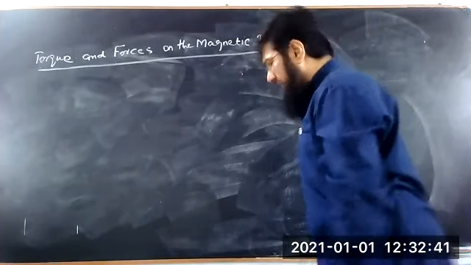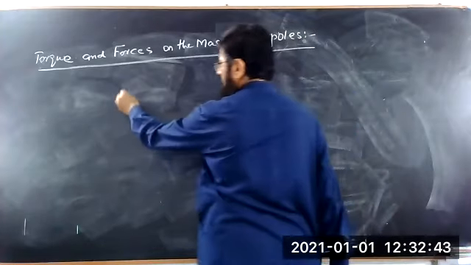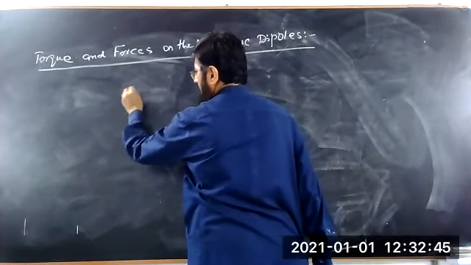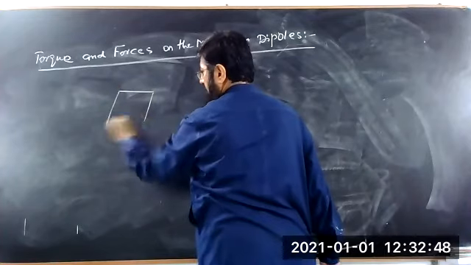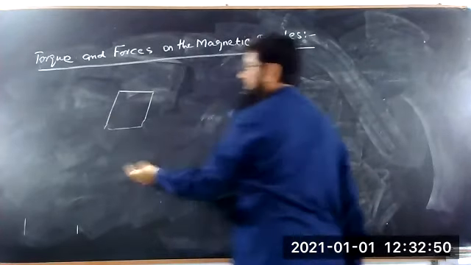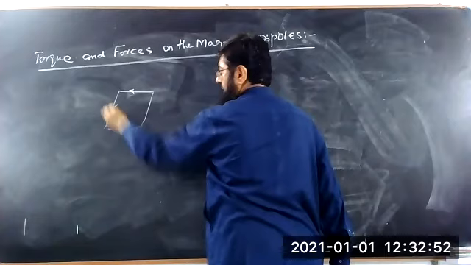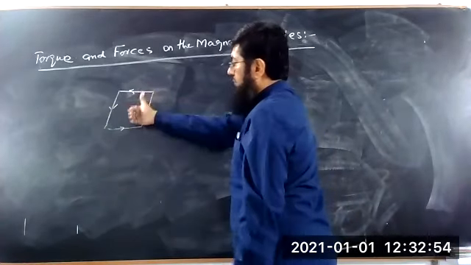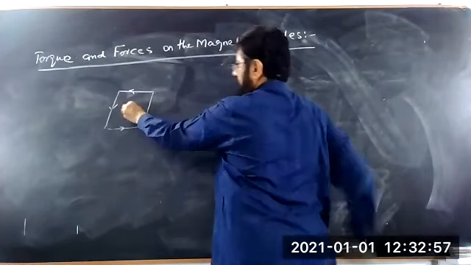Simply, you know that this is, let's say, a coil, a loop in which the current is flowing in this direction. The magnetic dipole moment is in this direction.